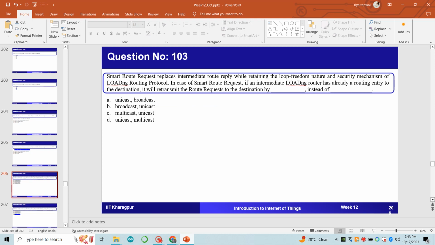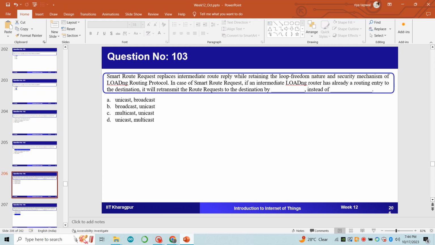Next question is, smart route request replaces intermediate route reply while retaining the loop freedom nature and security mechanism of LOADng routing protocol. In case of smart route request, if an intermediate LOADng router already has a routing entry to the destination, it will retransmit the route request to the destination by blank instead of blank.